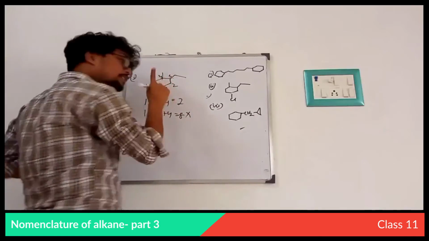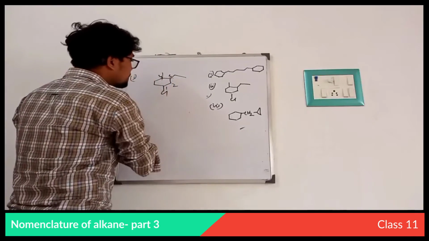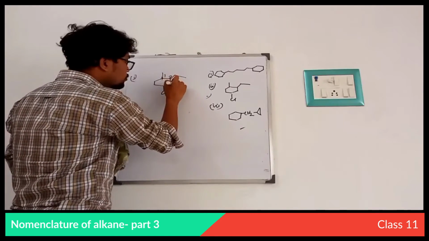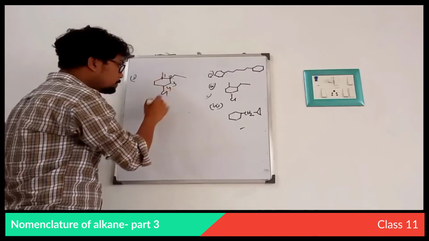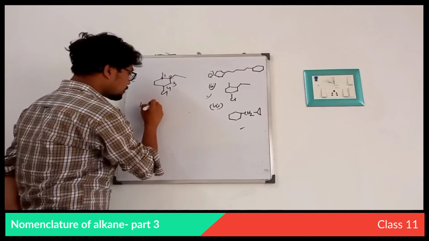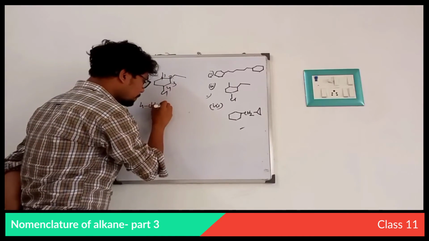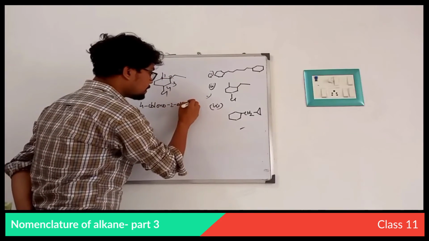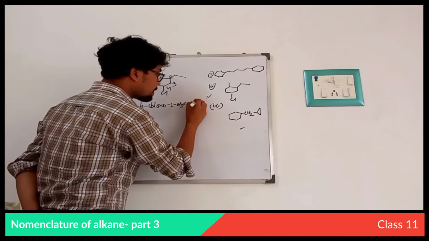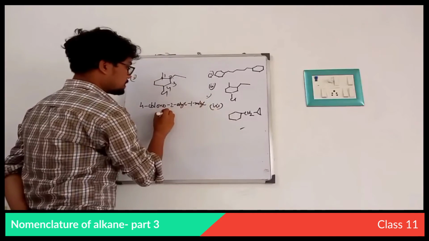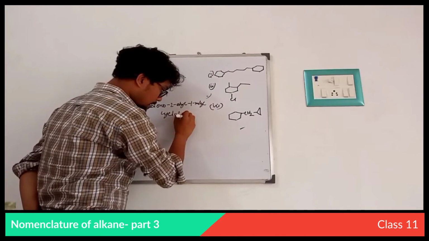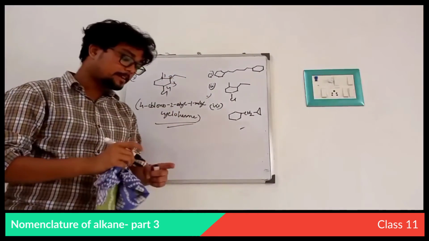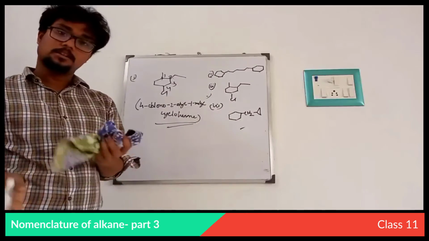So the first one is correct. 1, 2, 3, 4. Now 4-chloro, alphabetically, 2-ethyl-1-methylcyclohexane is our expected IUPAC nomenclature. So fine.